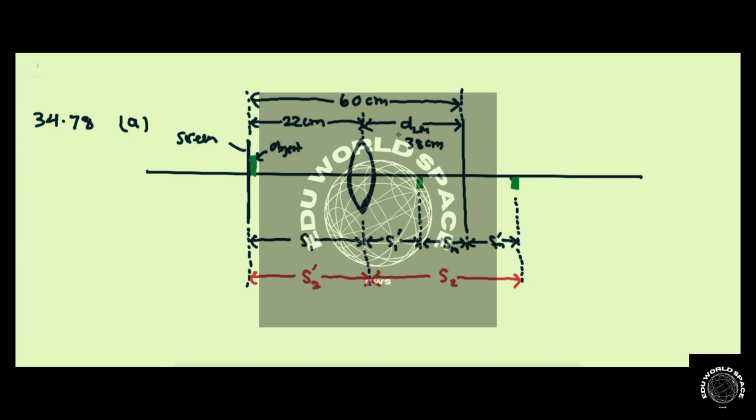So that gives us the distance from the lens to the mirror. And we'll need this number. So I just drew it in, and it's 38 centimeters when you take the difference.